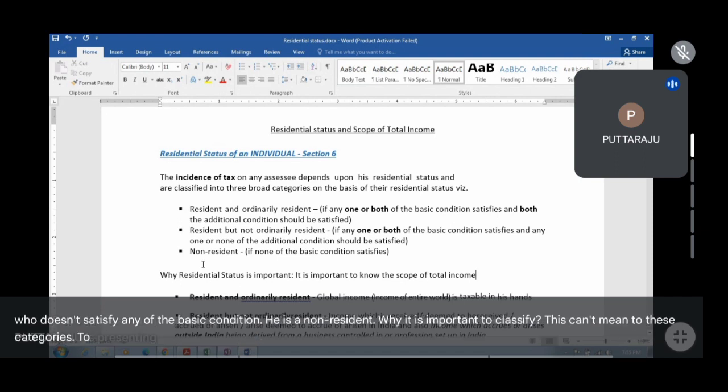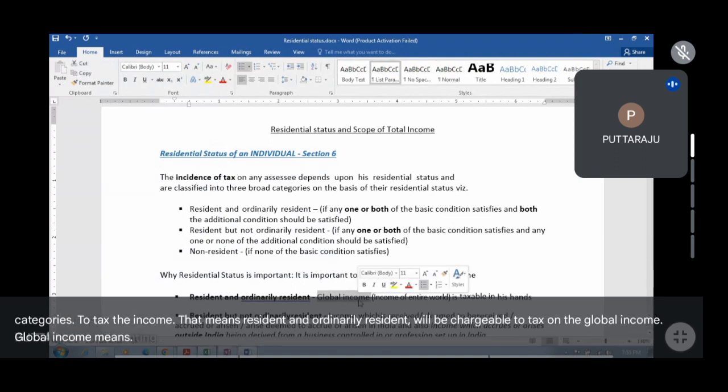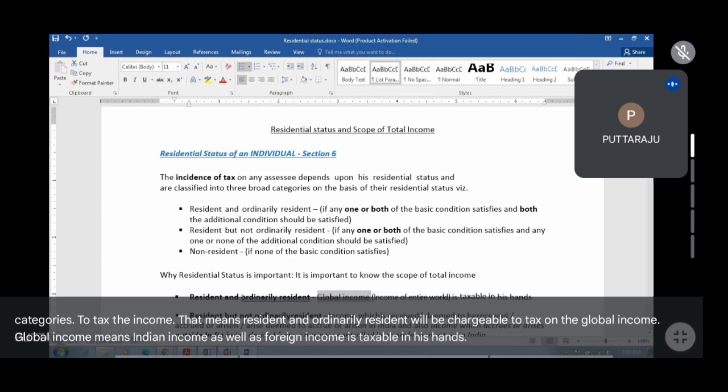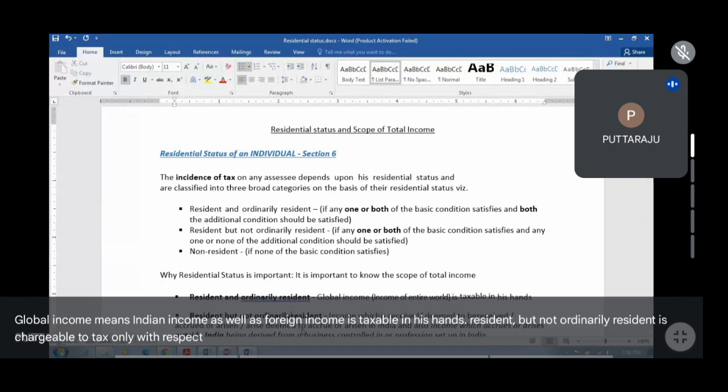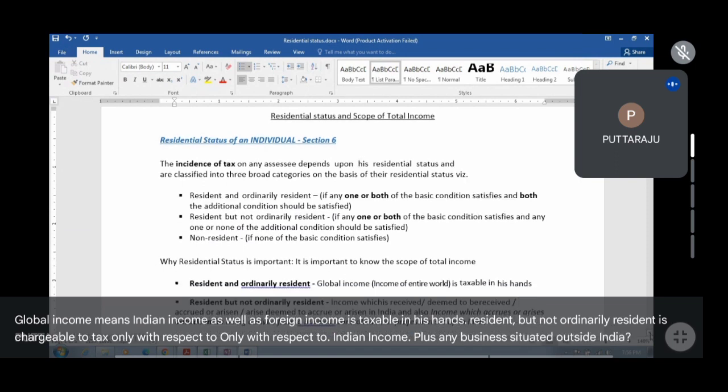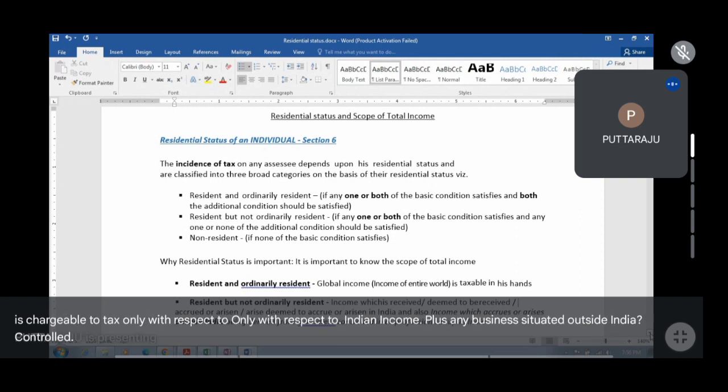Why is it important to classify people into these categories? To tax the income. Resident and ordinarily resident will be chargeable to tax on global income. Global income means Indian income as well as foreign income is taxable in his hands. Resident but not ordinarily resident is chargeable to tax only with respect to Indian income plus any business situated outside India controlled from India.